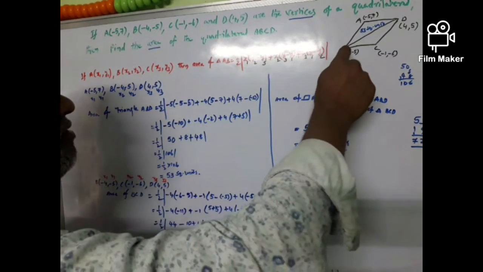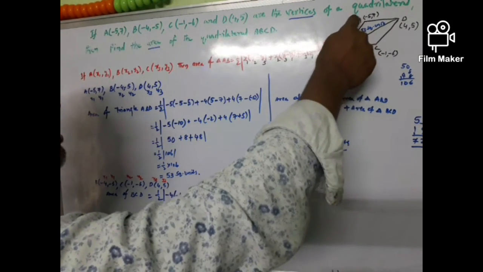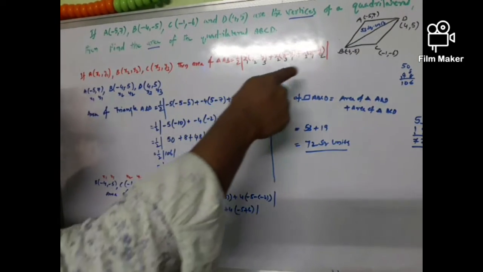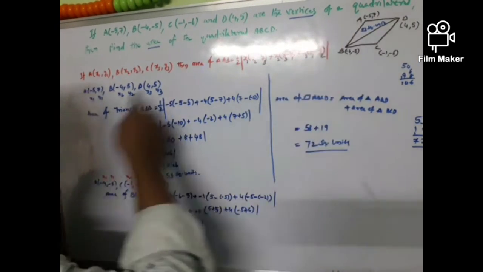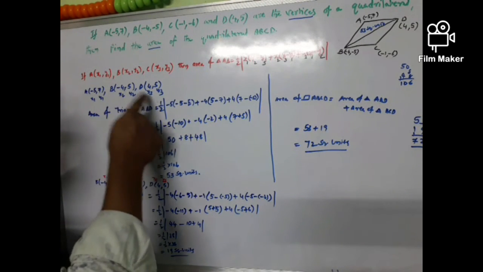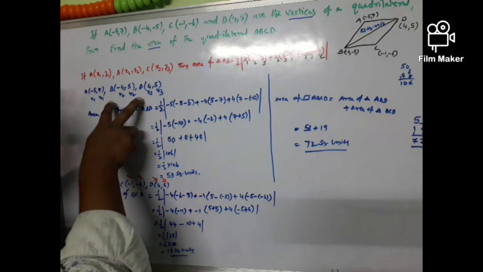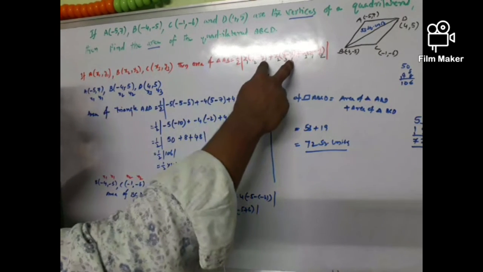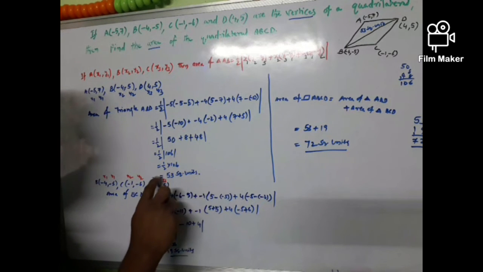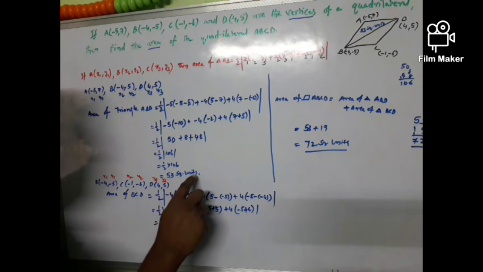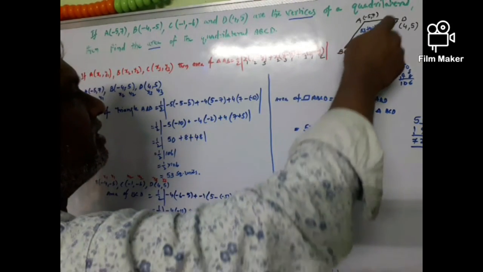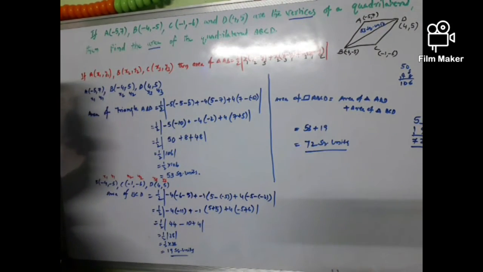First, find the area of triangle ABD. Write x1, y1, x2, y2, x3, y3, substitute these values in this formula first, then simplify. We get the answer 53 square units, the area of triangle ABD.